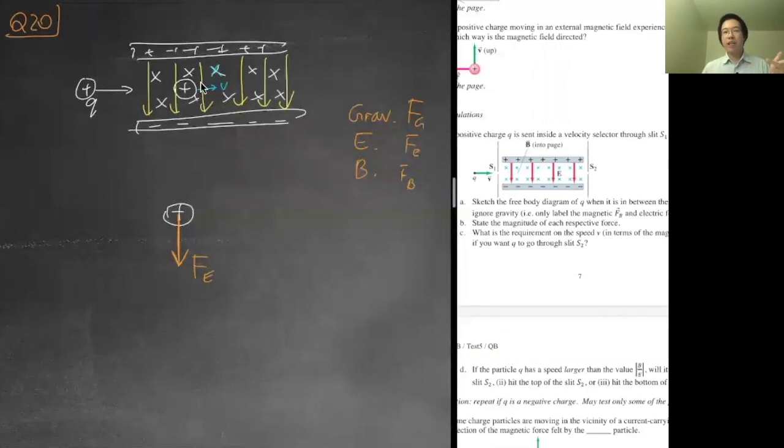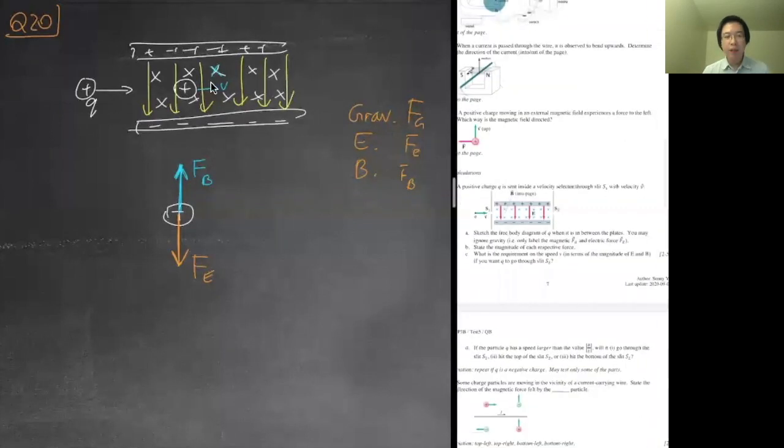Your middle finger goes to the right, and the field is going into the page. Which way is the force pointing? It's pointing upwards. Okay, that's the free body diagram. That will probably be 2 points, or maybe 1 point. I don't know, probably 2 points, one for each.